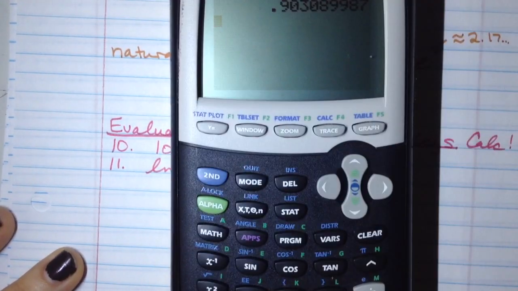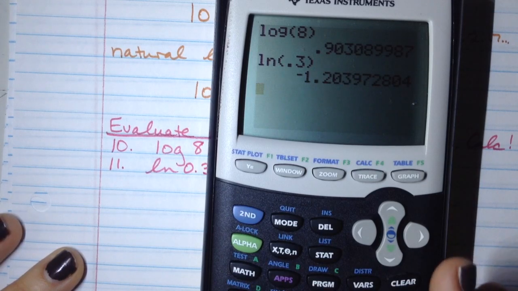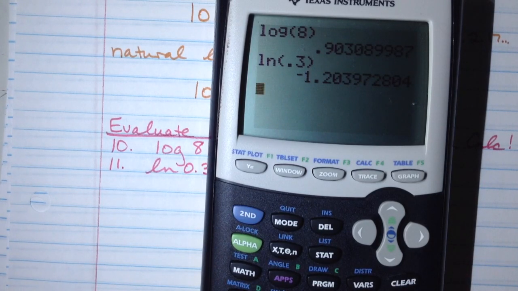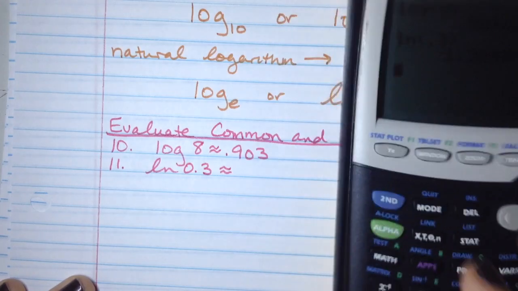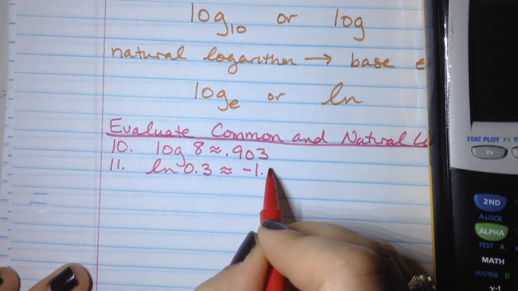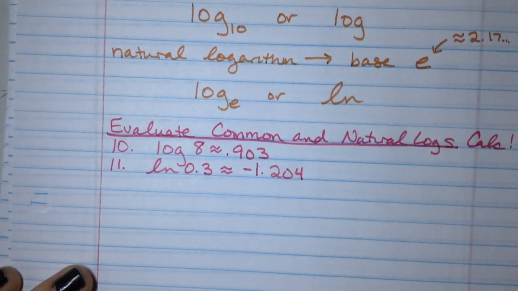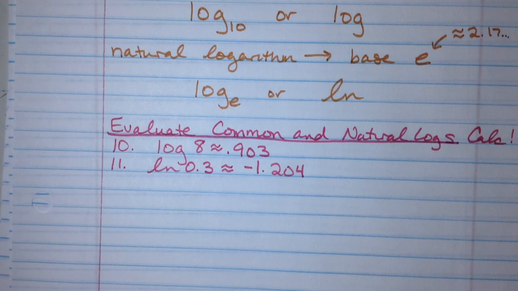So we would just press ln of 0.3 and let the calculator do the work for me, because there's no way I would know what power e needs to be raised to get me 0.3. Absolutely not. This is negative 1.204. Again, these are the only two types that can go into the calculator.